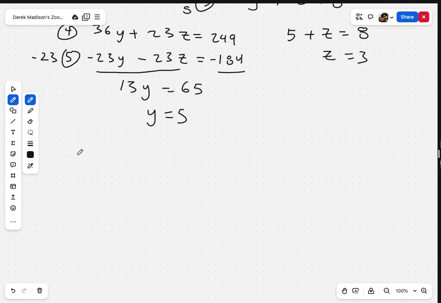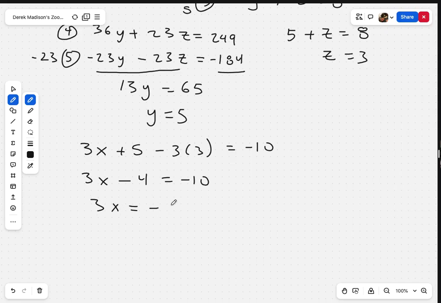So equation 3 was 3x, and then plus y, so plus 5, minus 3 times z, so that's 3, and that equals negative 10. So cleaning that up, we'd have 3x, 5 minus 9 would be minus 4, equals negative 10. Add the 4 over, 3x equals 6, and x equals negative 2. So final on this one would be negative 2, 5, and 3.